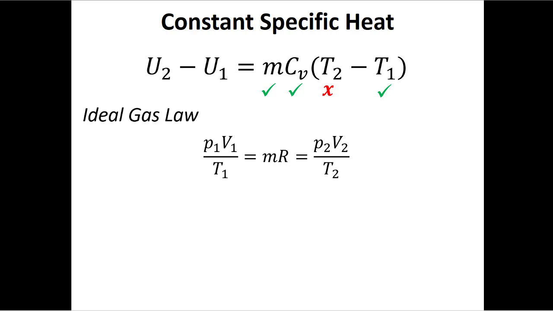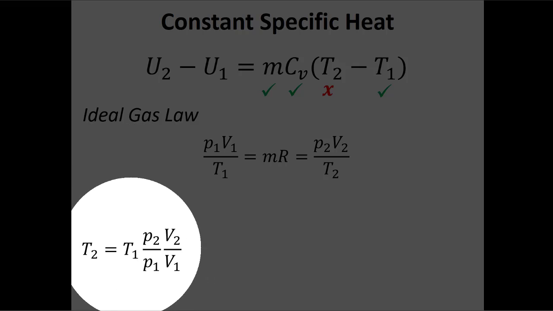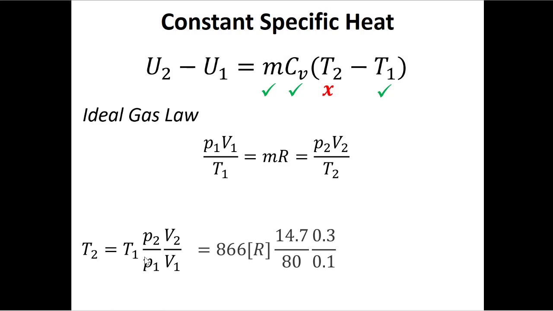Here, I don't actually care about the mR in the middle, but I see that P1V1 over T1 is equal to P2V2 over T2. So the only thing that I don't know is T2, so I set this equation up as T2 is equal to T1 multiplied by P2 over P1 multiplied by V2 over V1.